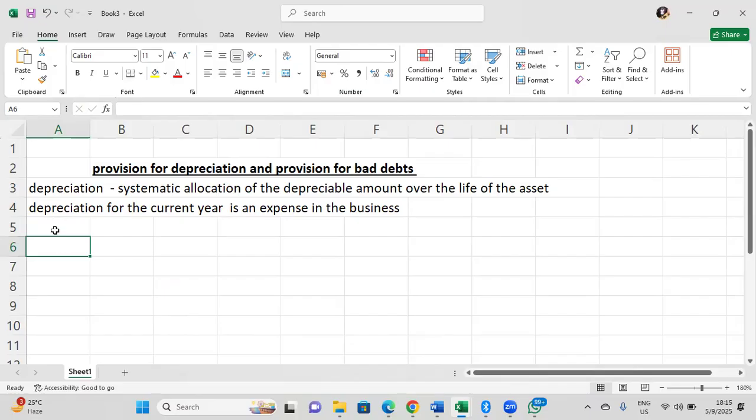We have said provision for depreciation and provision for bad debts. Before we move to preparing the accounts, let's also understand what a bad debt is.